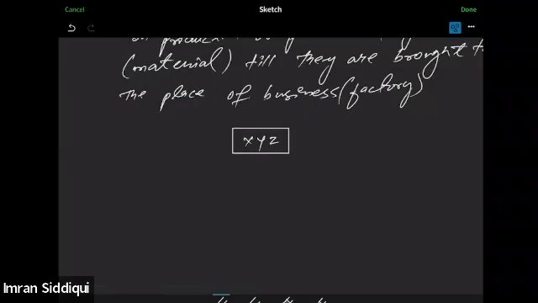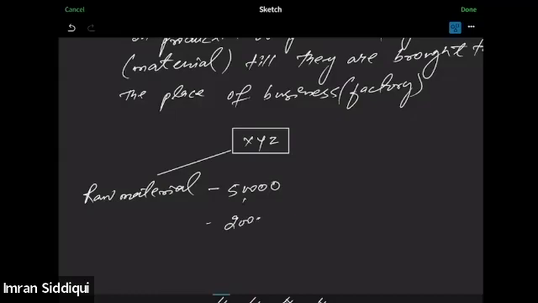XYZ Limited has purchased raw material, and the value of this raw material is assumed to be 50,000. The company has further spent 2,000 on its carriage, and a further 1,000 on loading and unloading of the raw material.